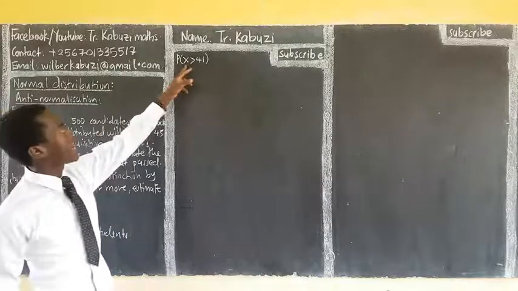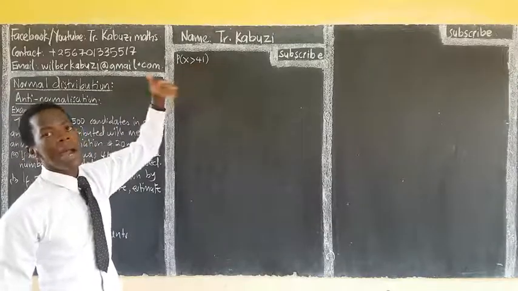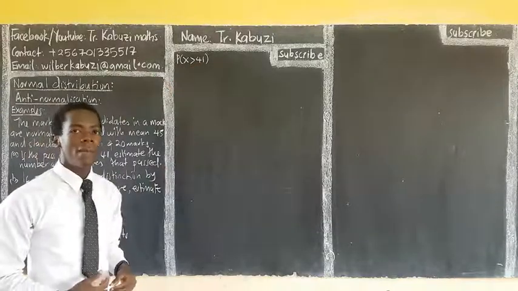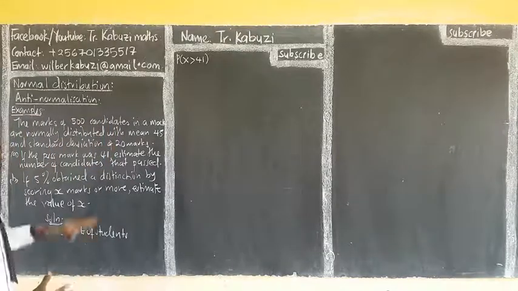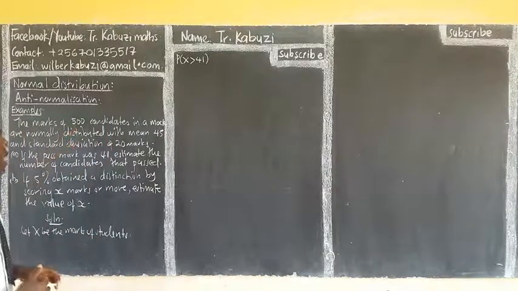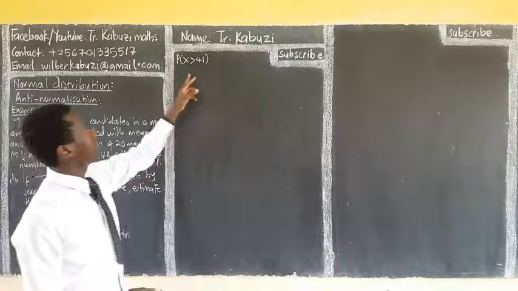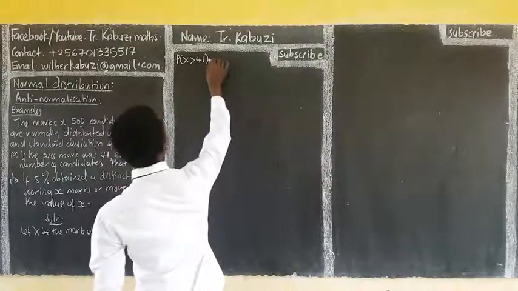If x is above 41, we need that probability. If you know that probability, we shall multiply it by the number of students and we will get those students. So to get this, we first need to standardize it.